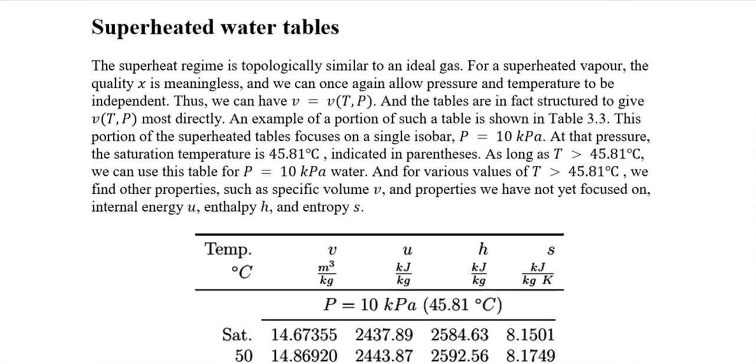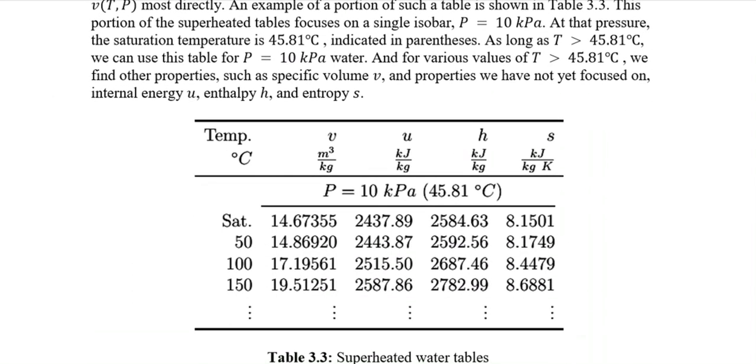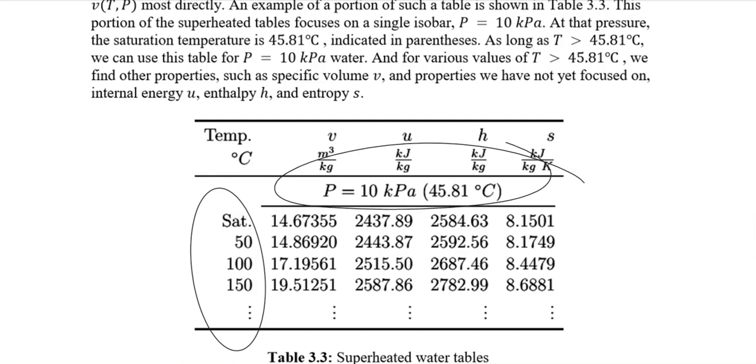Moving towards the superheated condition. Now in a superheated condition, the temperature and the pressure are independent. So on the column side we would have a temperature, and on the row side we would have a pressure. For a different table we will have a different one. So we can talk about the volume.